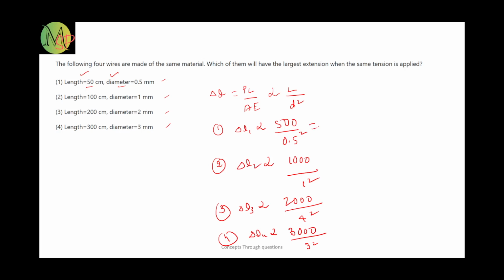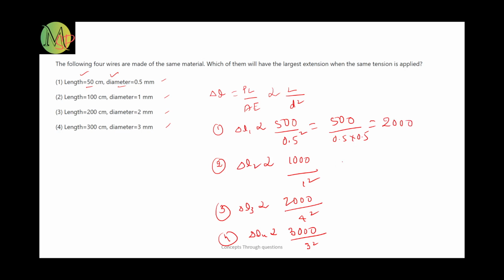We are going to get 0.5 into 0.5 in the denominator, and in the numerator we are going to get around 2000. Just check it.